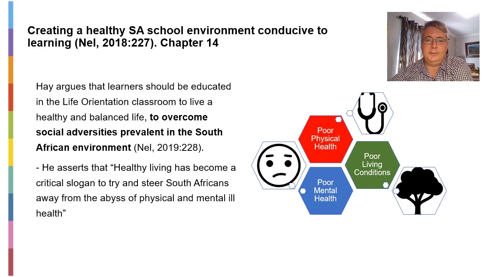COVID-19 or no COVID-19, we had these challenges already. But now adding COVID-19 to the mix, which is obviously to do with poor physical health, it enhances the importance of working on these aspects even more.